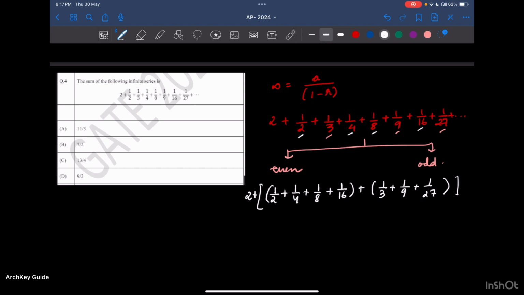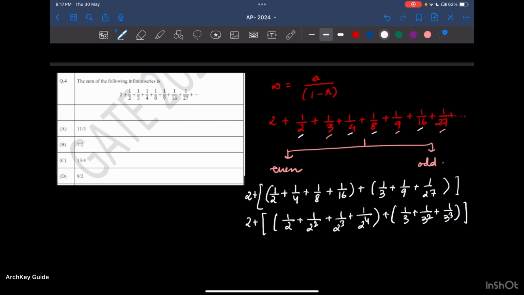So I see a pattern here. It's 1 by 2 plus 1 by 2 square plus 1 by 2 cube. Similarly, right?